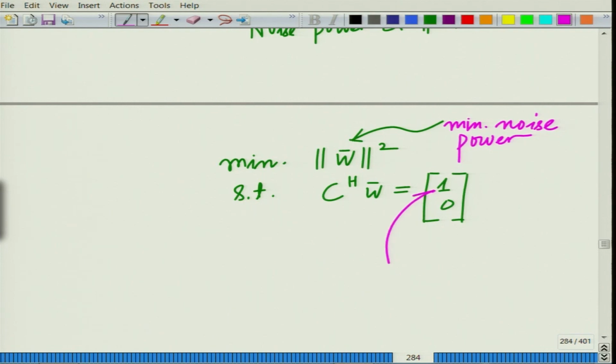This is the desired signal gain. This is your interference.